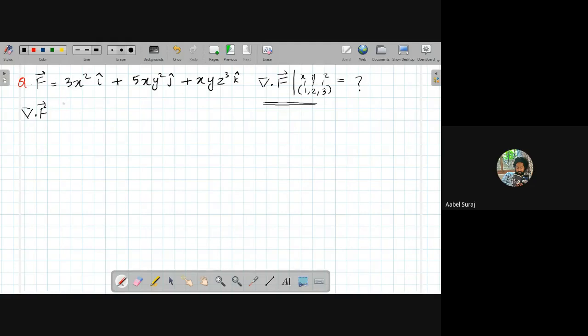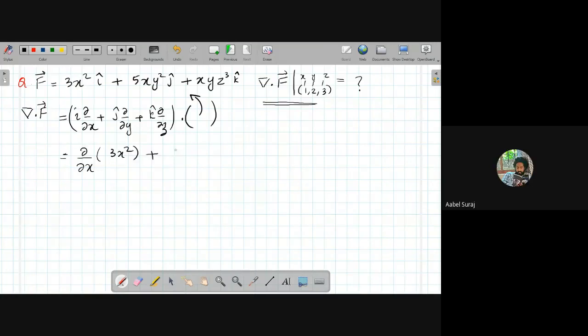So what is del dot f here? It is i dou by dou x plus j dou by dou y plus k dou by dou z dot this function. As I said earlier, there is only the i component, j component, k component, so we can directly write dou by dou x of 3x square plus dou by dou y of 5xy square plus dou by dou z of xyz cube.